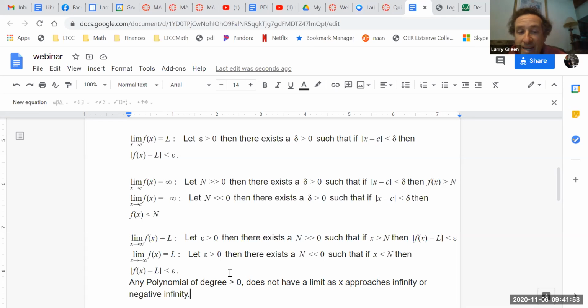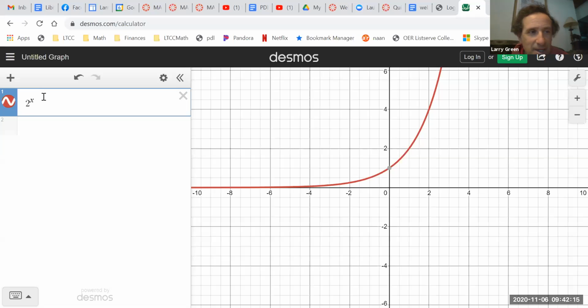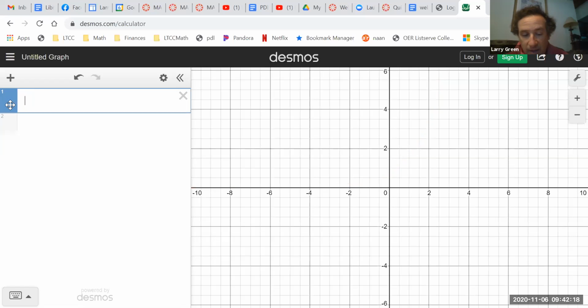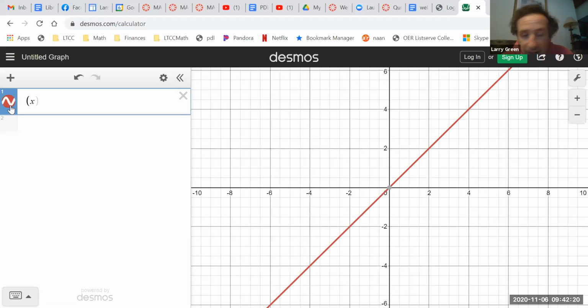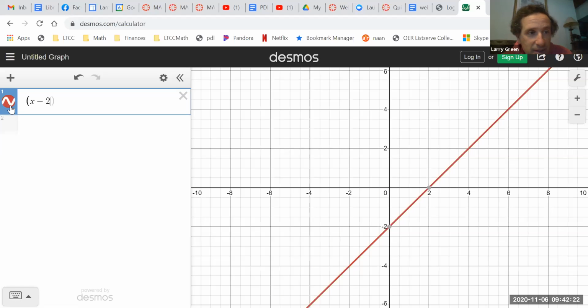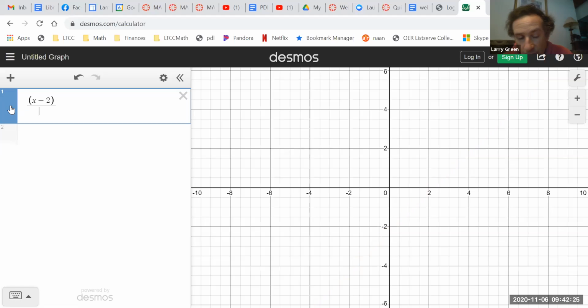The hint is it starts with an H. How does it look? Any thoughts? All right, let me give you some then, since you're not jumping in. So here's an example. How about x minus 2 over x minus 1?